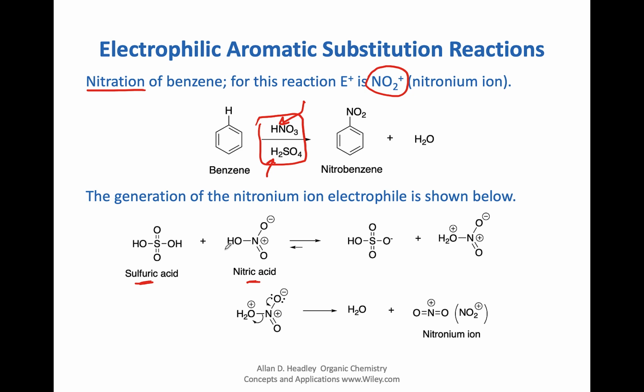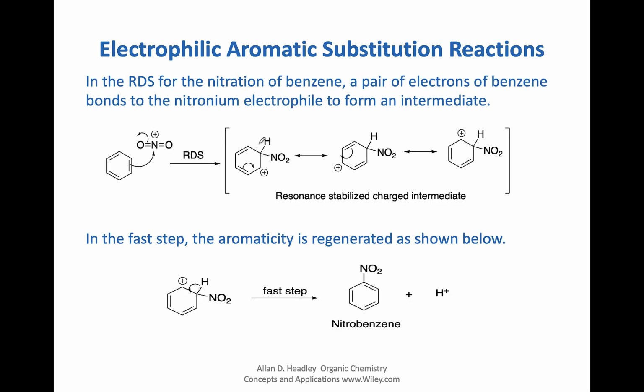If it protonates right here, as we have seen here, you will recognize this to be a very good leaving group. So this leaves as water, and what's left behind is the nitronium ion, or the electrophile, which will then react with benzene. The next slide shows that mechanism.